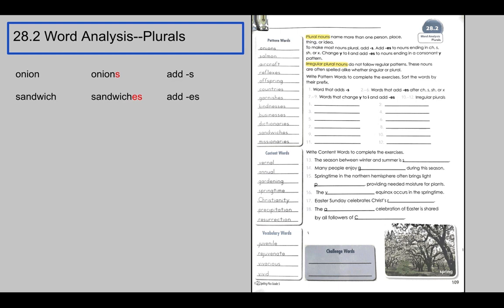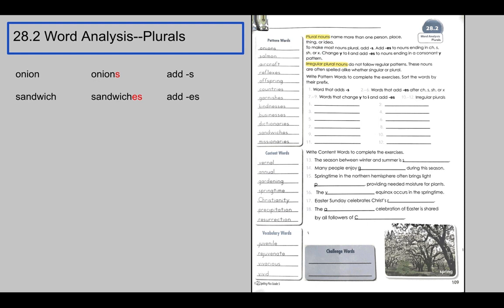Some words have to have ES on the end of them to make them plural. So I might be really busy working one day and I might get hungry and I might say, oh, I want a sandwich. Sandwich is singular.